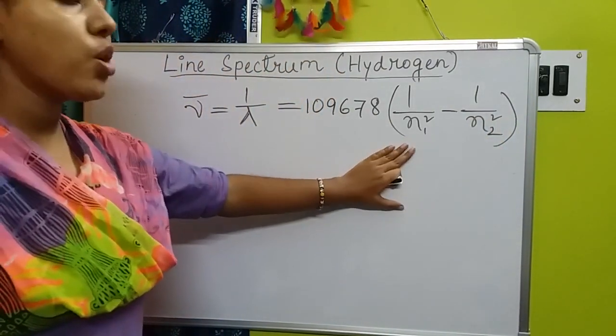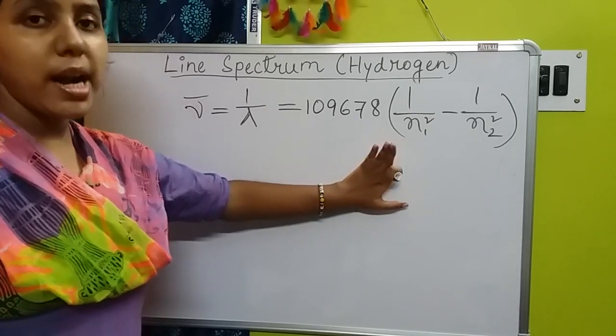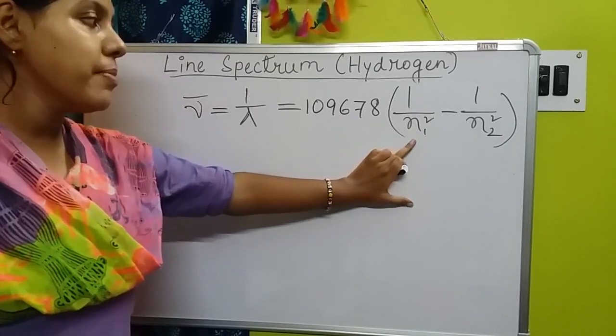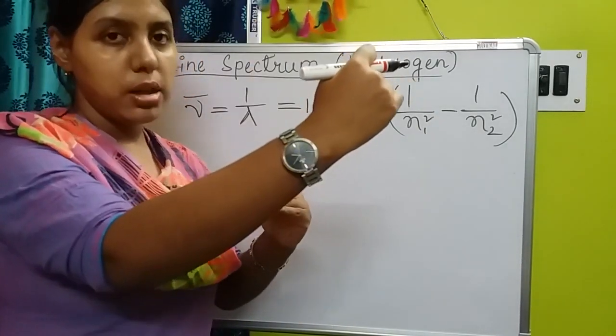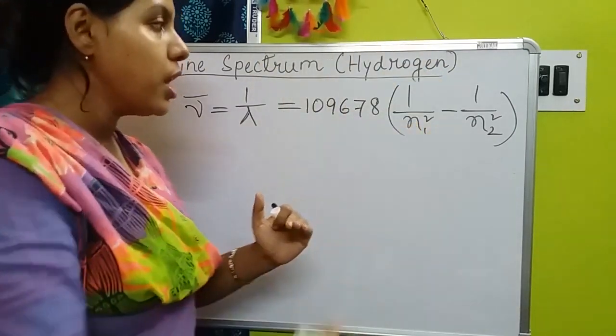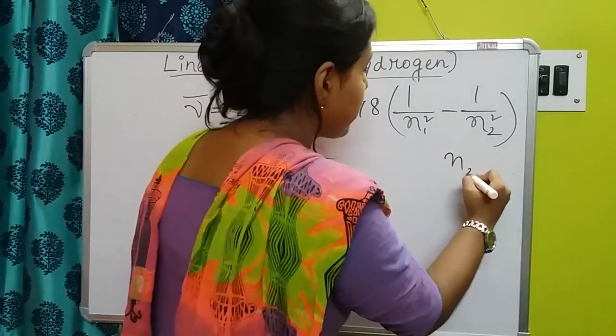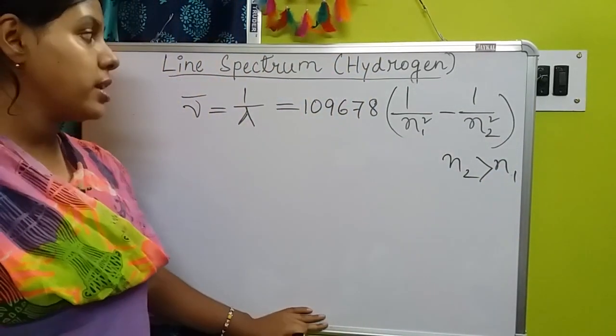These are the quantum levels or the energy levels. n1 is the lower energy level and n2 is the higher energy level. So n2 must be greater than n1.